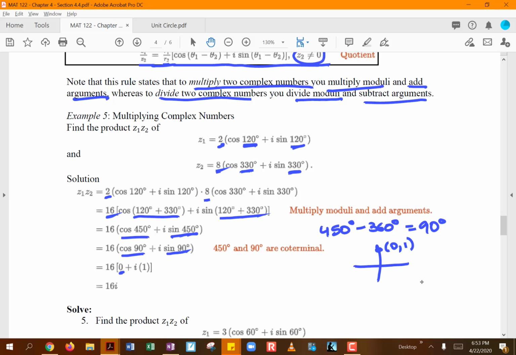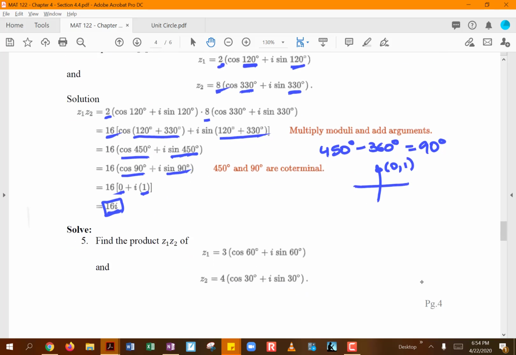So cosine of 90 is 0, sine of 90 is 1. 0 plus 1 times I just ends up becoming I, and then 16 times I gives you 16I. Okay, so that's how you come up with the product for Z1 multiplied with Z2.